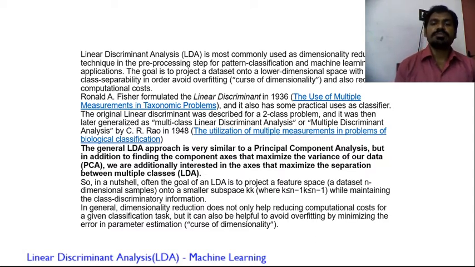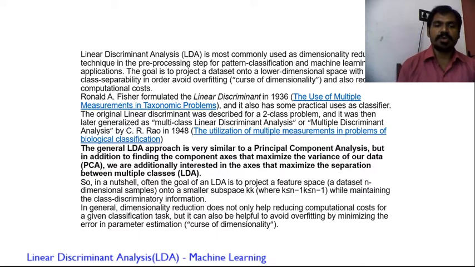So it is very similar to PCA, but in addition to finding the component axes that maximize the variance of our data, we are additionally interested in the axes that maximize the separation between two classes.